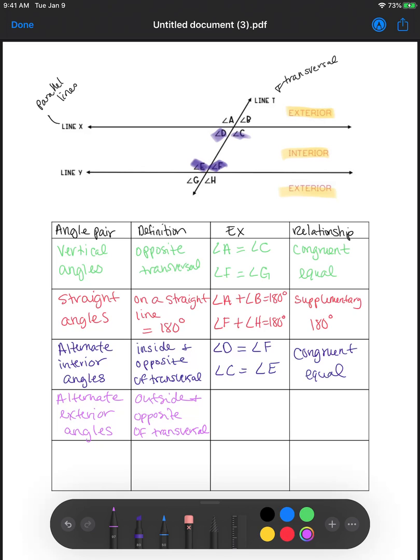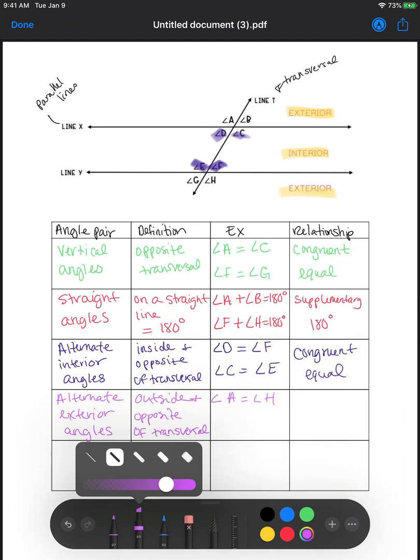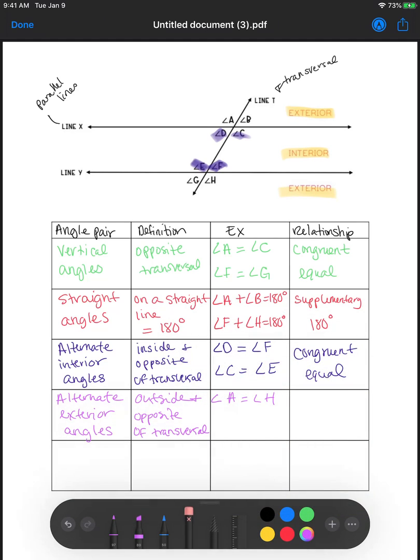All right, so we have angle A and angle H. Again, I'm using my equal sign because they are congruent. I'm going to highlight that, angle A, angle H. They are on the outside, they're on the exterior, and they're opposite of my transversal.